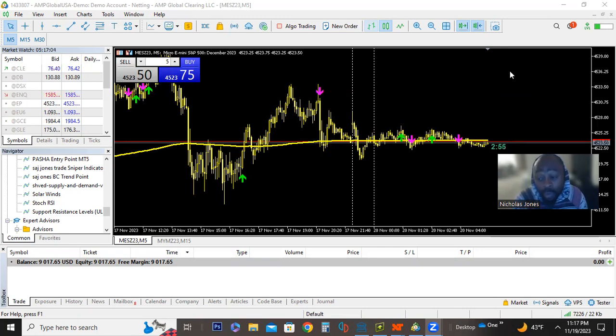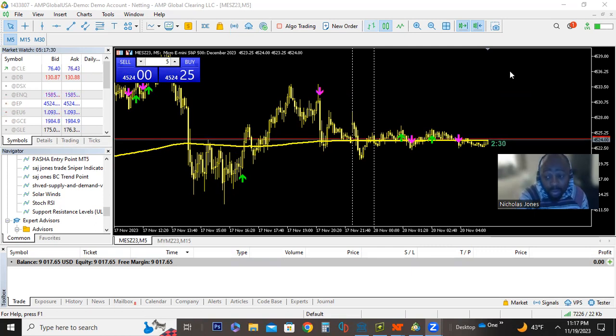You buy one contract. That one contract is worth $12.50. That $12.50 contract moves 60 points, that's $750. If it moves 30 points, that's $375.